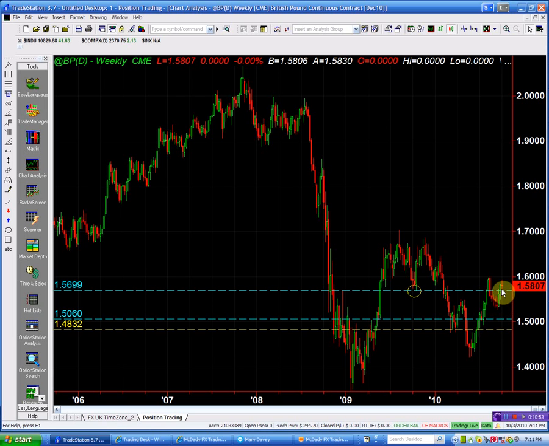Now this week we did trade above the 157 and we closed 100 pips above it. But as you can see from this movement, compared to the Australian and the Japanese yen, it is pretty much similar to the Canadian.